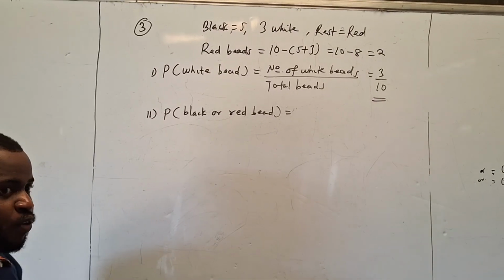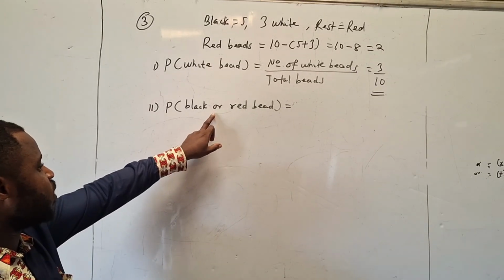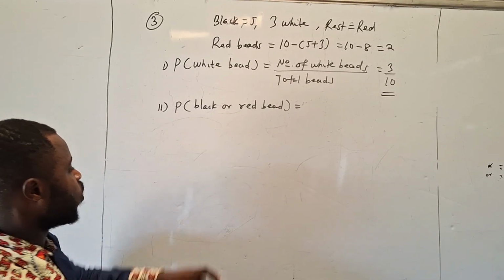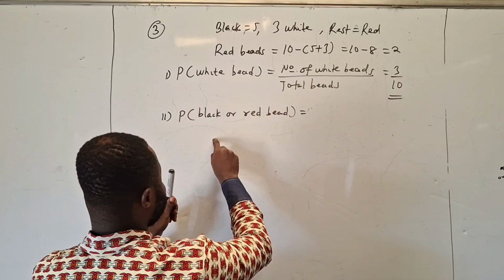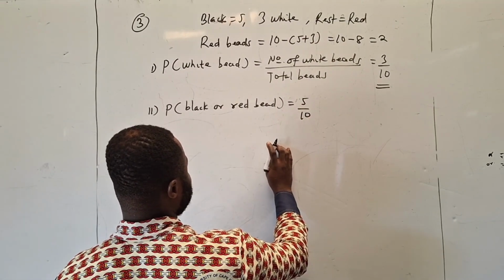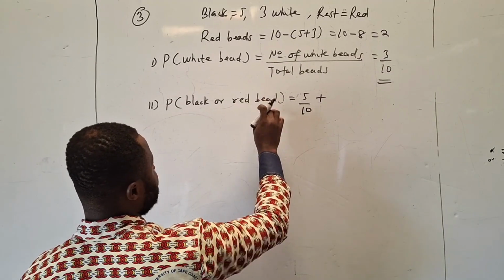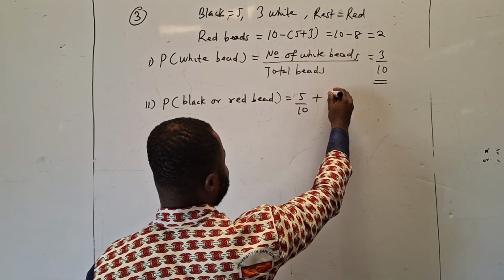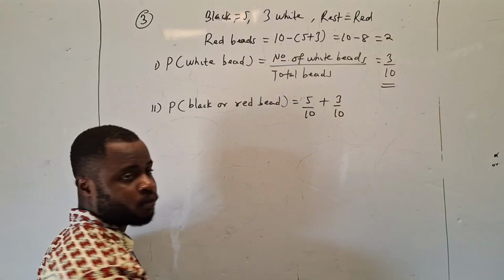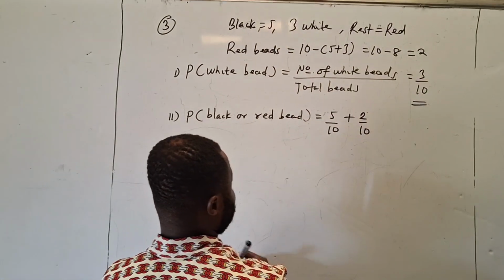Now, in our previous question, I've told you that when we see or, it means we add. So what will be the probability of obtaining a black bead? That one will give us 5 on 10, plus the probability of obtaining a red bead. The red bead is 2 on 10.